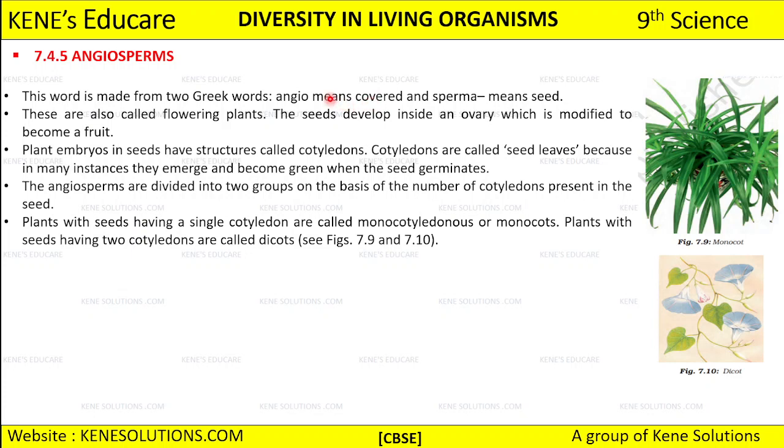Angiosperms are also called flowering plants. What do we call angiosperms? They are also called flowering plants, and here the seeds develop inside an ovary, which is modified to become a fruit. In angiosperms, whatever seeds we have develop inside the ovary.